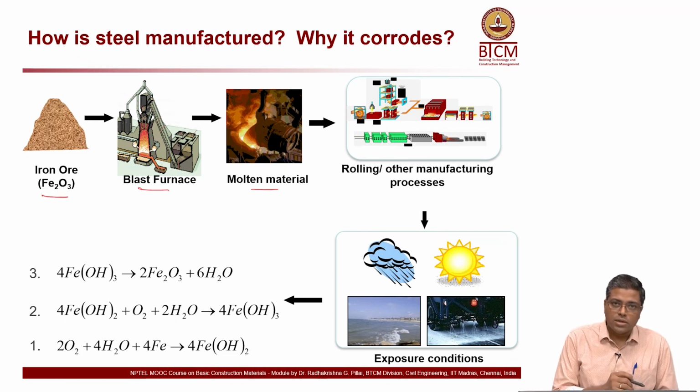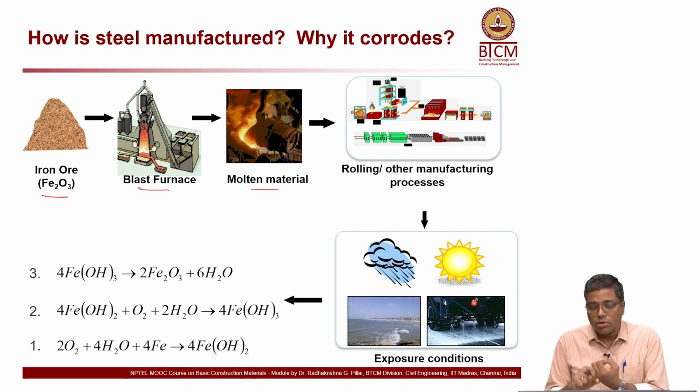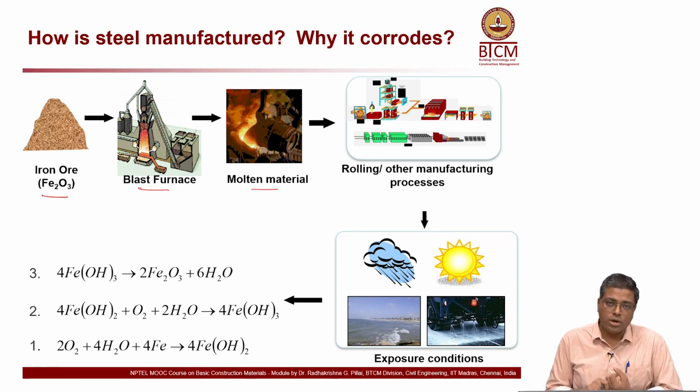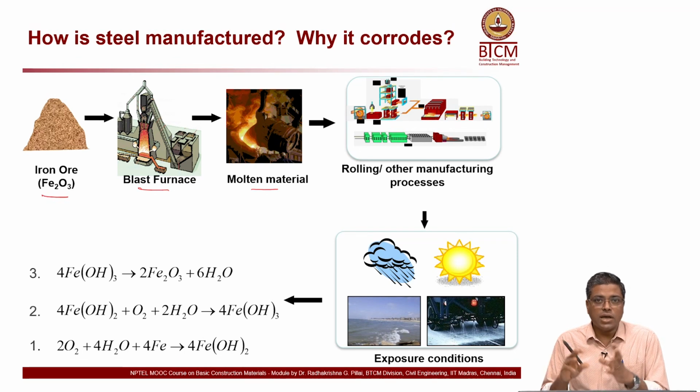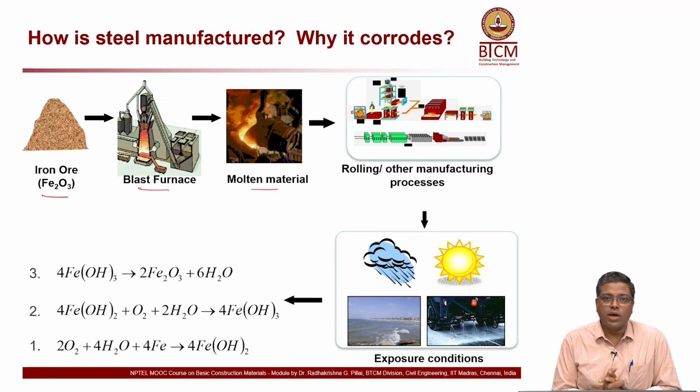As you heat and as you pass it through the mechanical dies, both heat energy and mechanical energy are utilized. And so this thermal and mechanical energy gets stored in the steel. Now, a material which has a higher energy level will definitely try to react with the environment and try to go back to its original energy level, which is that of the iron ore.